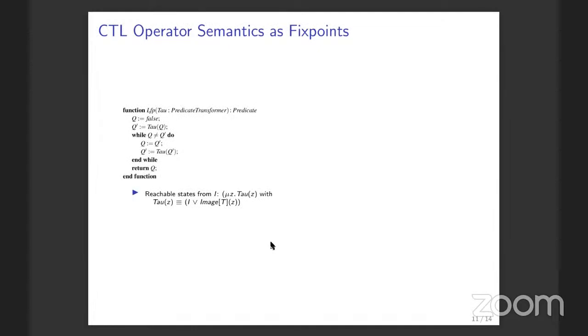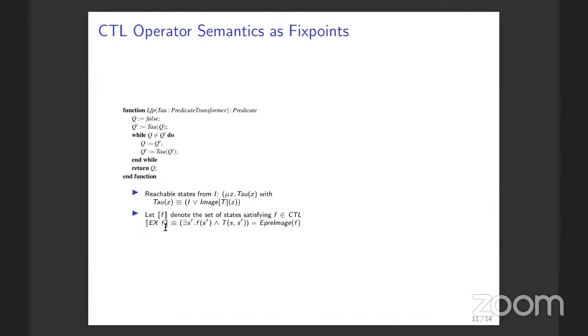Okay, so for image computation, for computing the set of reachable states from a set of initial states, you can use this. We've already seen this. So let's start with EX of F. EX of F and AX of F do not require really computing fixed points because they're a one-step relation, right?